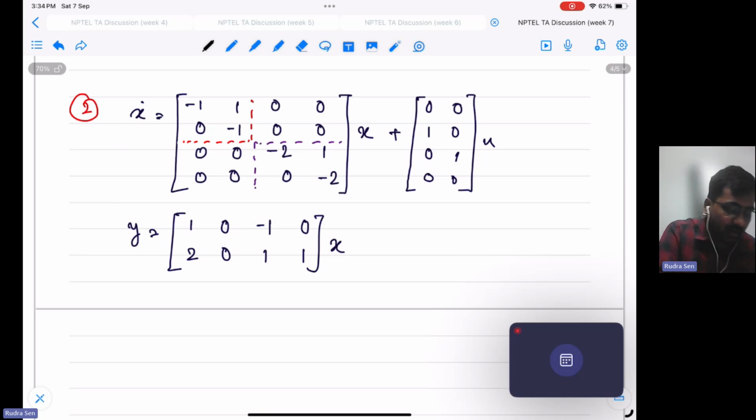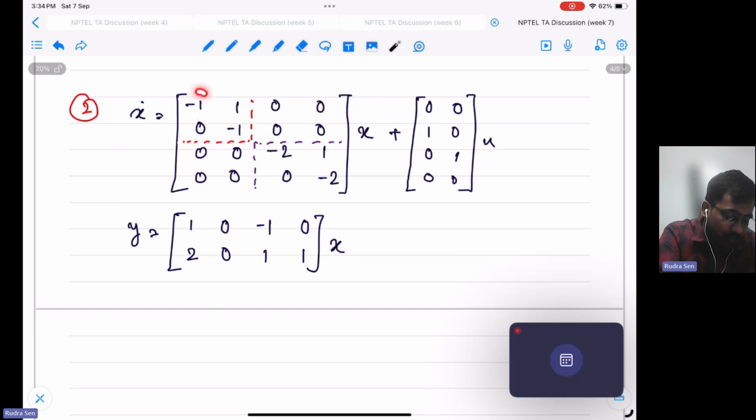And for the case of controllability, observability, what we have to see? We have to see that in case of a Jordan block, the first column corresponding to the first row of the Jordan block is non-zero. That means this is the first row of the Jordan block.